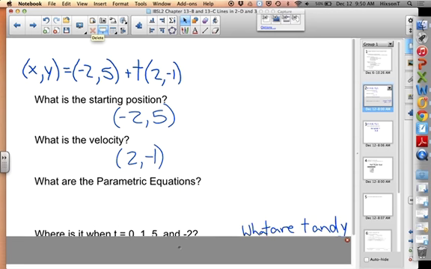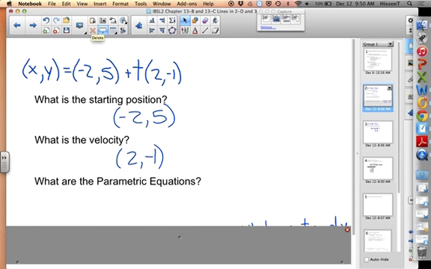Now we can also write parametric equations from this equation here. Remember, we should have two parametric equations, one for x and one for y. So how could we express x in relation to this vector equation?